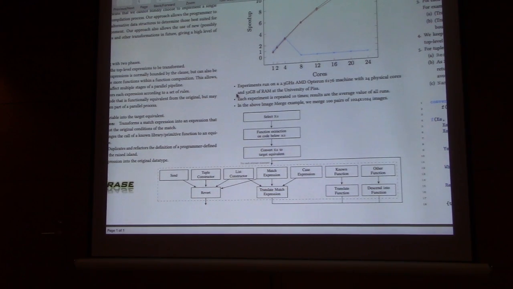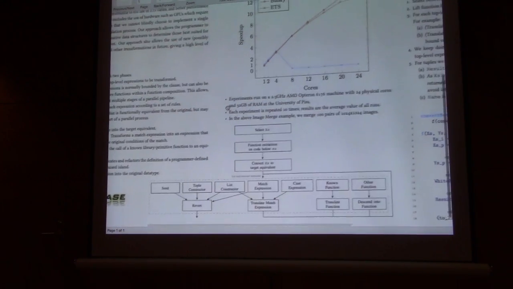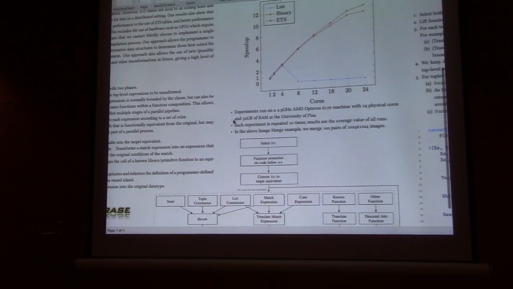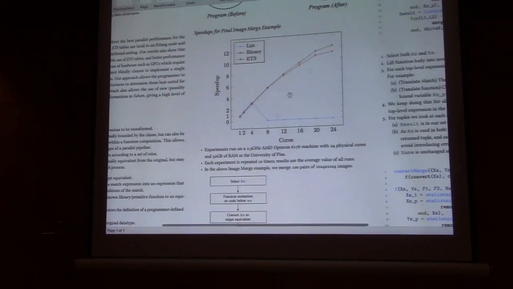The n-body Barnes-Hut simulation, and the matrix multiplication. Generally, if you're going to run your program on a multicore, it's a good idea to use either ETS tables or binaries, as you see there.